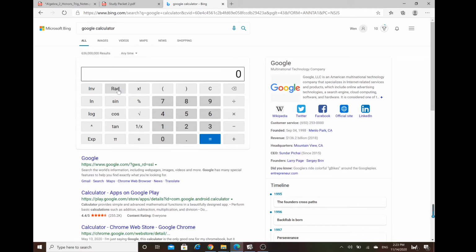We'll talk about that within the next two videos. So making sure that it's in degree. So sine of 37 degrees, close parentheses. Here we go. That one is 0.60181, or 0.60. You just round it to two decimal places.